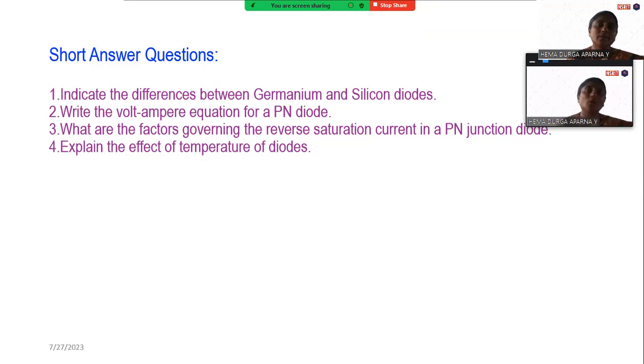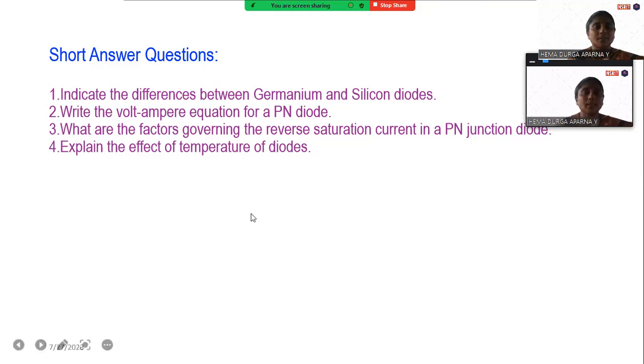Along with that, we will observe one more current, the reverse leakage current. What is this reverse leakage current? Reverse leakage current means the current that flows from the depletion layer when the diode is in the reverse biased condition.